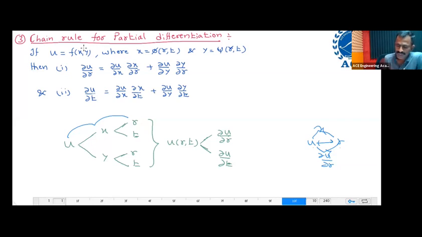Now it is a method of writing the derivative formula. Right? Now this is a chain rule for partial differentiation.